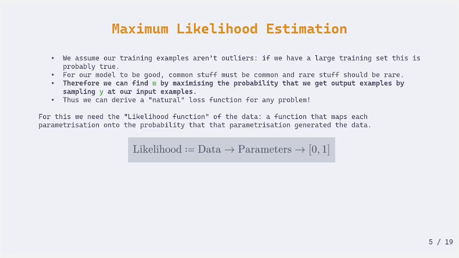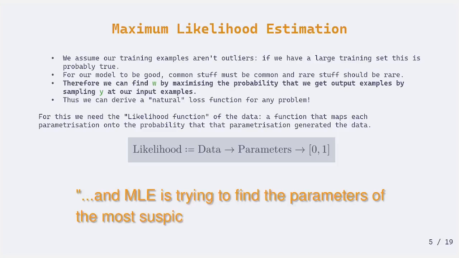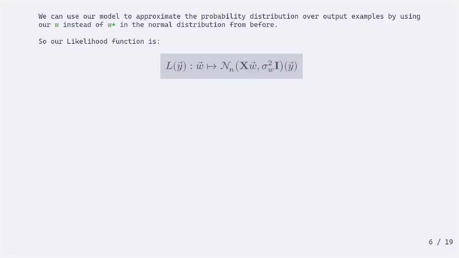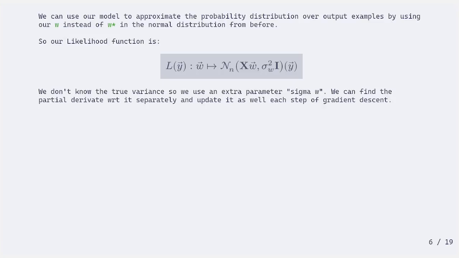You did a police lineup. What's the probability that these parameters committed the crime effectively. So it's trying to find the parameters that are the most suspicious model.